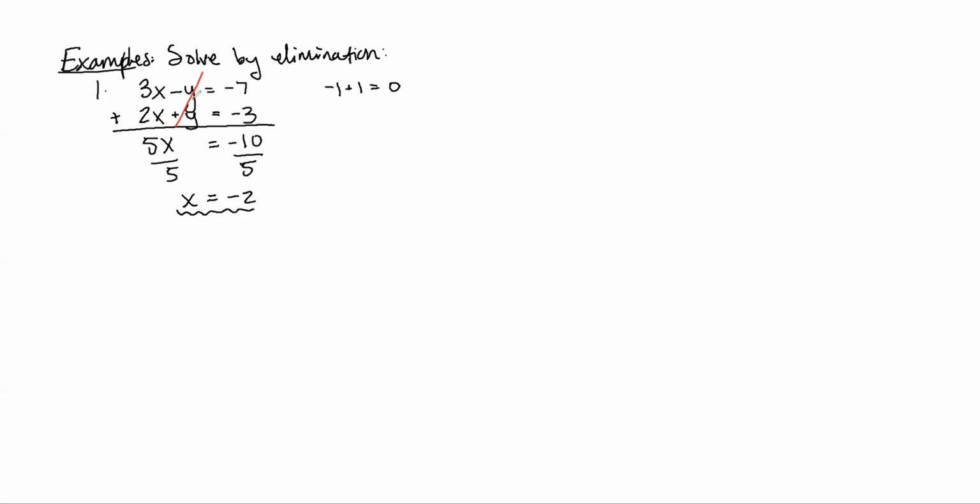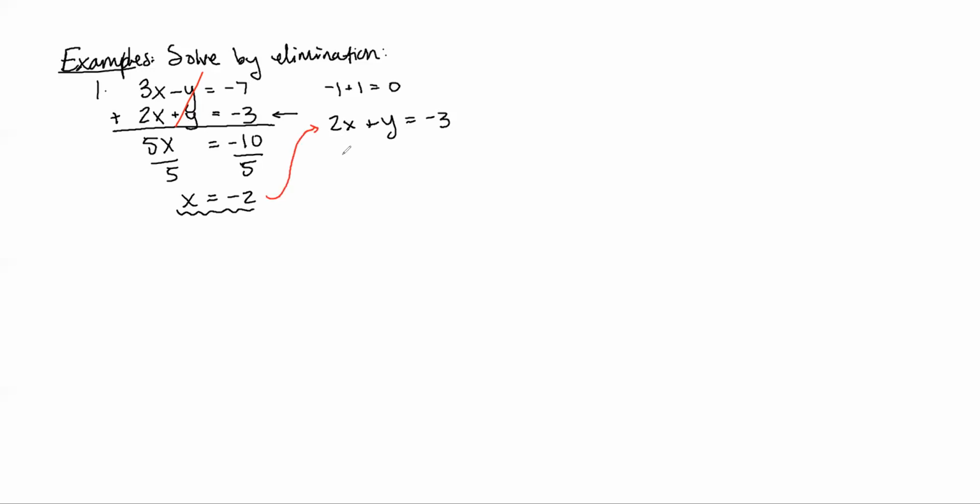So let's go ahead and find y, because remember we need both parts. Now it doesn't matter which one you plug it back into. Normally I'll look for an equation that has smaller numbers, or in this case, I'm going to pick the one that has a positive y, because we're solving for y. So I'm going to go ahead and take 2x plus y equals -3. And we're going to plug x equals -2 in for x.